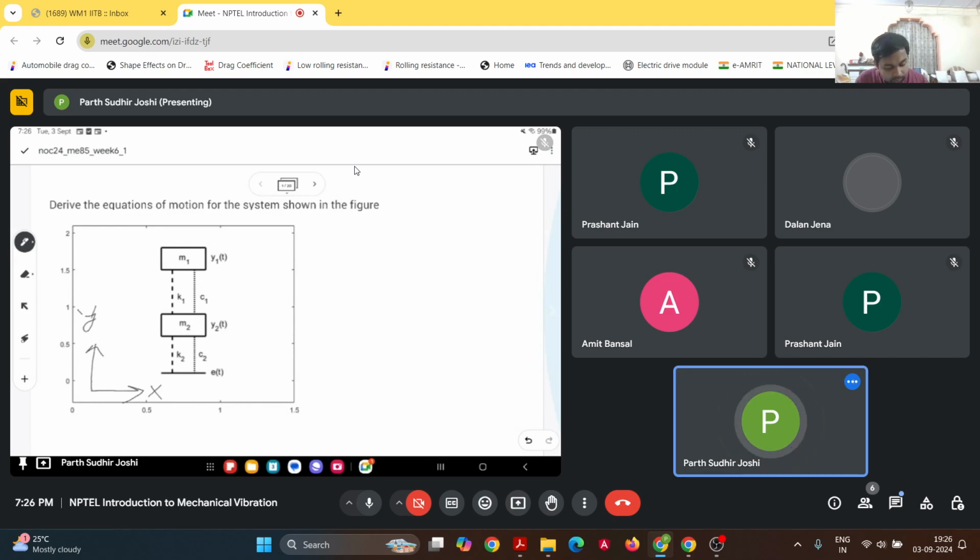The displacements y1 and y2 are in the positive y direction which I have indicated, and e of t is already known or prescribed.